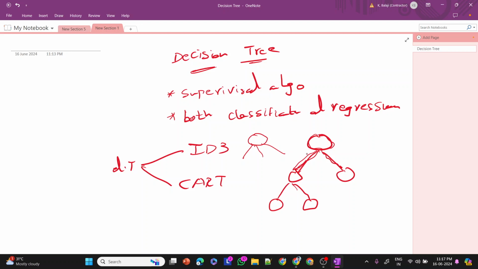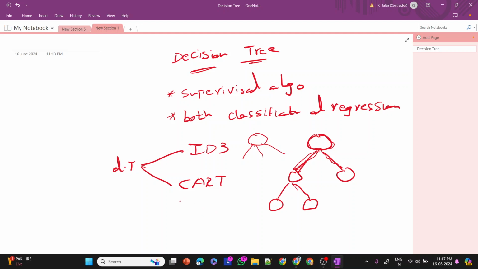CART has just two children for a parent. But in ID3, a parent can have more than two nodes. This is the major difference between the ID3 type decision tree and the CART decision tree.